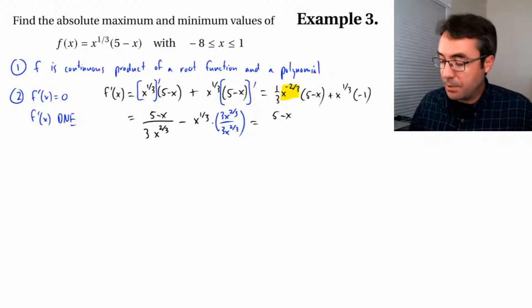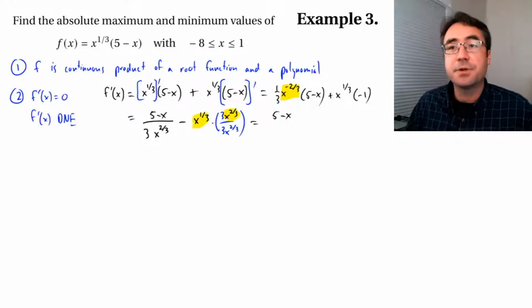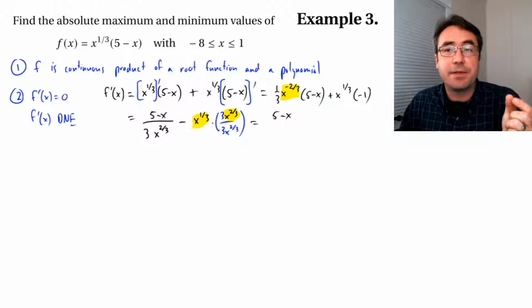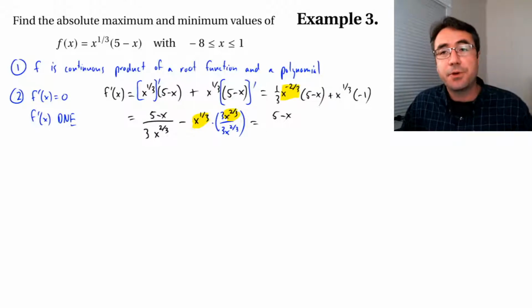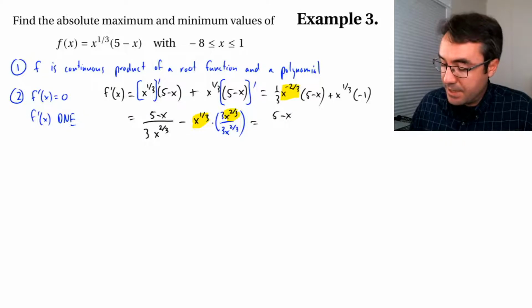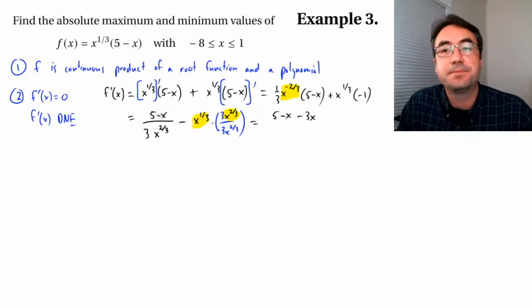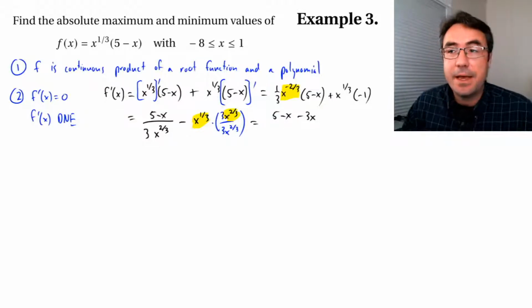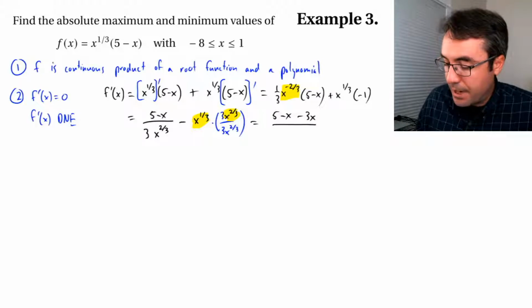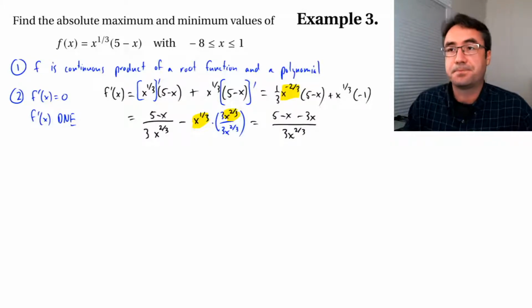And then when we multiply the x to the 1/3 and the x to the 2/3, we add the exponents together. So 1/3 plus 2/3 gives us 1. So from that second fraction, we're going to end up with negative 3x to the power 1, and then this is all over the common denominator of 3x to the 2/3.